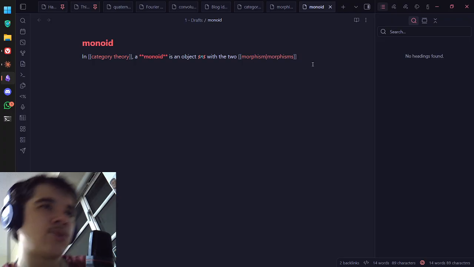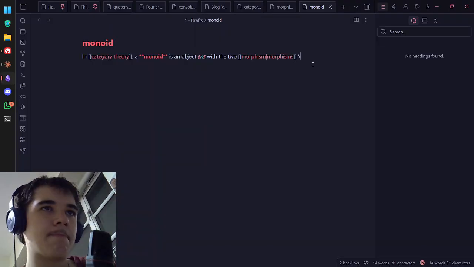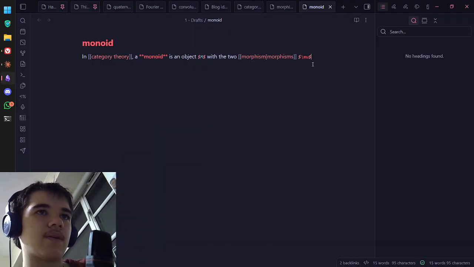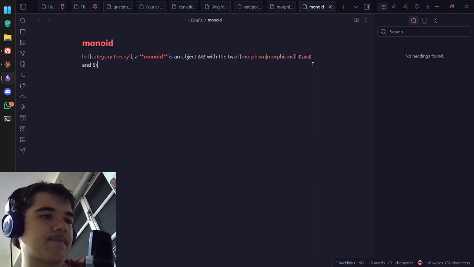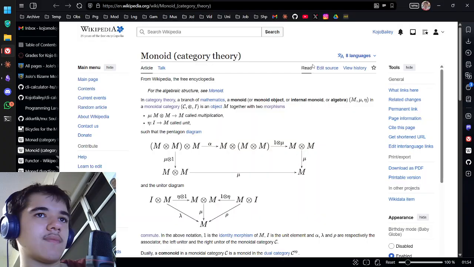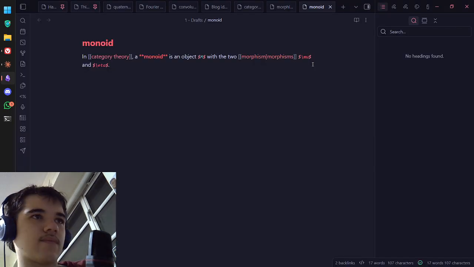With the two morphisms, mu and eta, of the form, thus of the form.